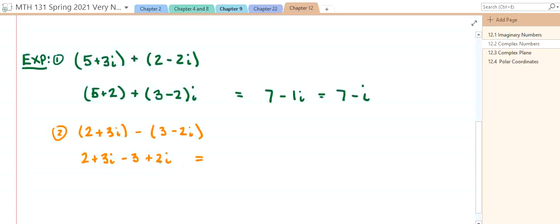Whenever you do operations with mixed real and imaginary numbers, you do the real numbers separately. 2 minus 3 is minus 1, and then 3i plus 2i is plus 5i. So again, both of these are complex numbers.